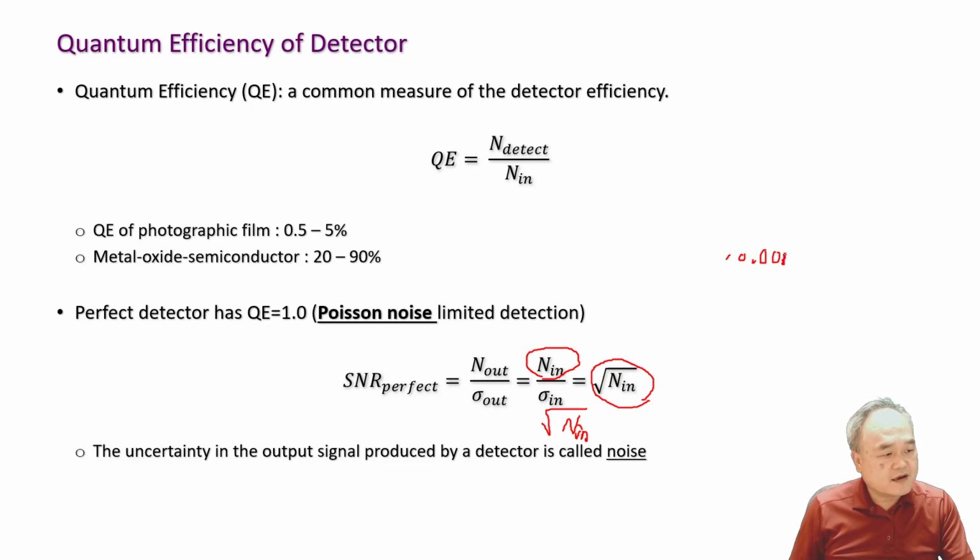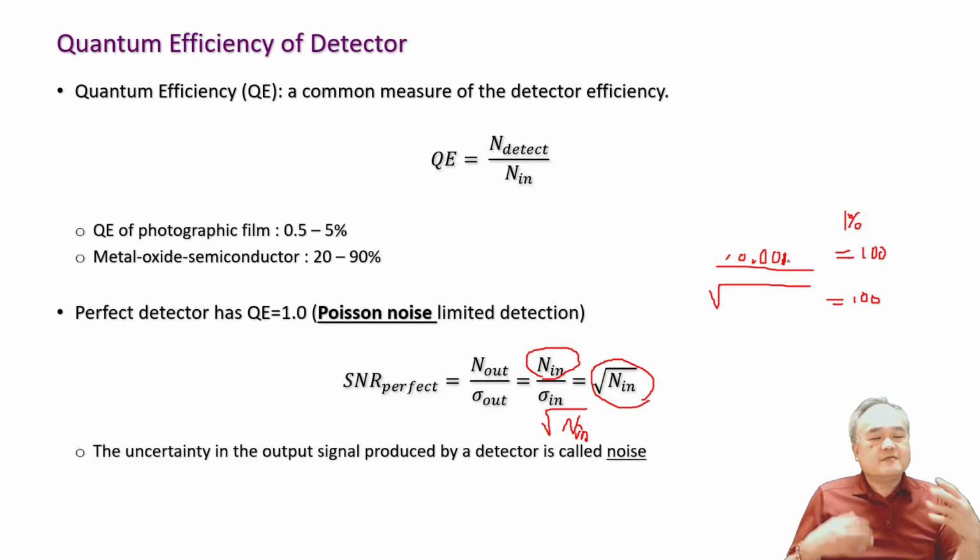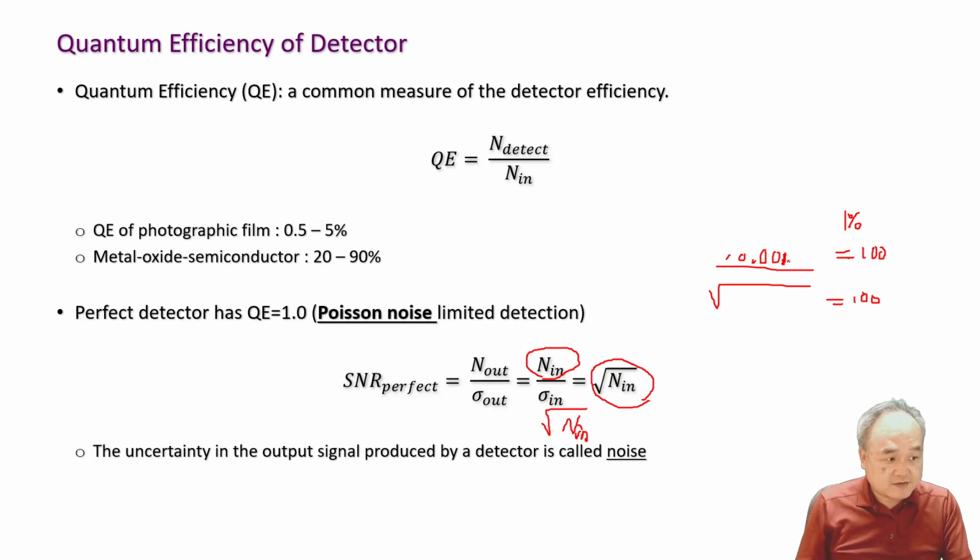Then the Poissonian noise is the square root of 10,000, so that is 100. If your detected signal is 10,000, then noise is 100, and the signal to noise ratio is 100. In other words, this is a 1% measurement, even with a perfect detector.